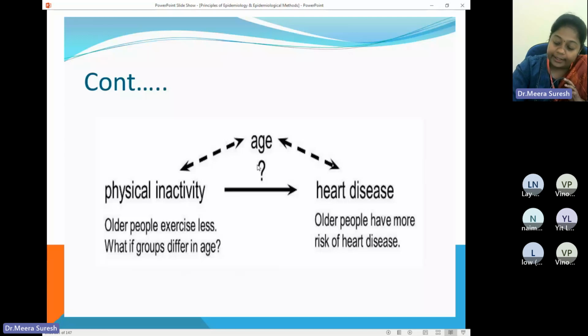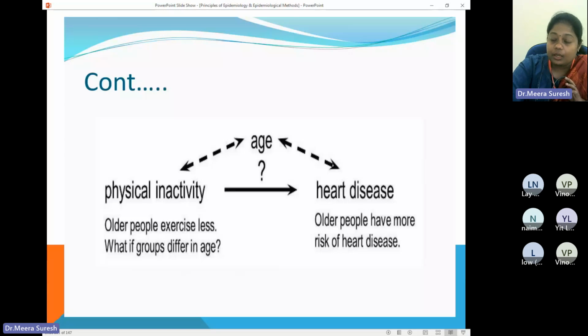Even if you don't smoke, even if you don't have alcoholism, even if you don't do exercise, even if you don't have hypercholesterolemia, the simple factor that you are old matters, because according to body physiology there is a wear and tear principle. Because of this age, the person will already have a tendency to develop heart disease.